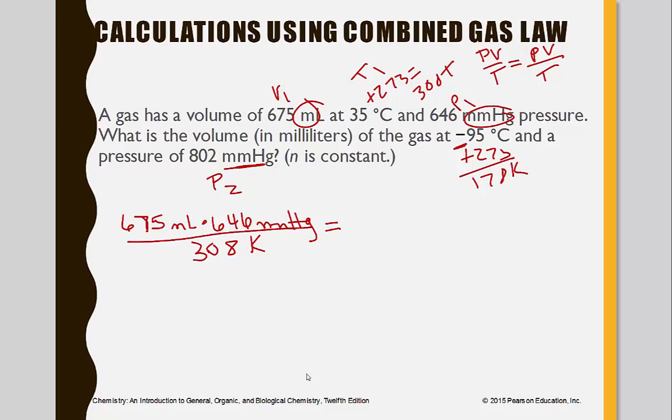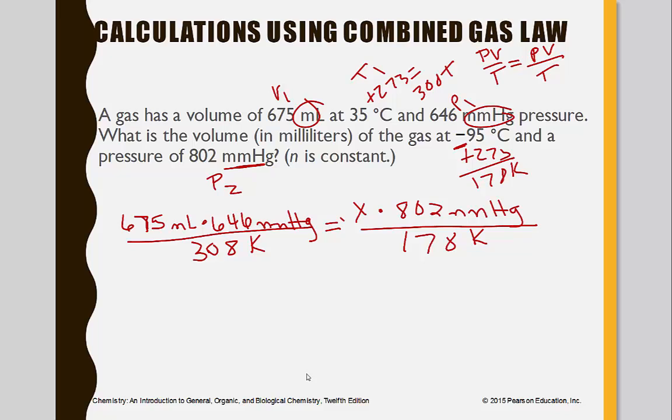We're looking for the second volume. P2 is 802 millimeters of mercury at 178 Kelvin. Now, just like the other ones, the Charles's law and the Gay-Lussac's law, when we had a fraction going on, we're going to look at this as it's a ratio.